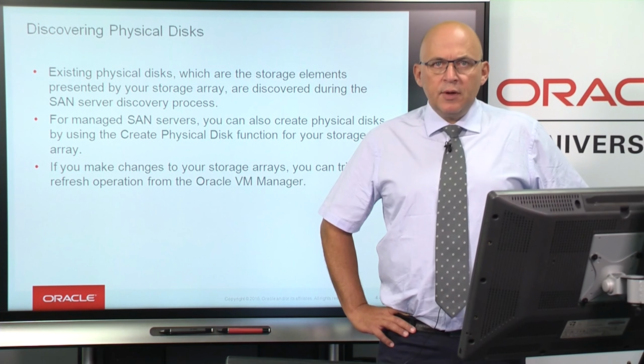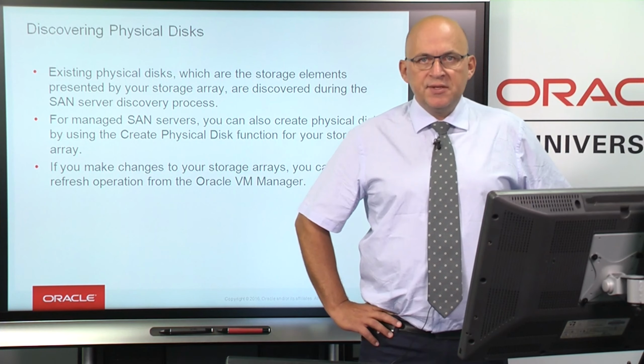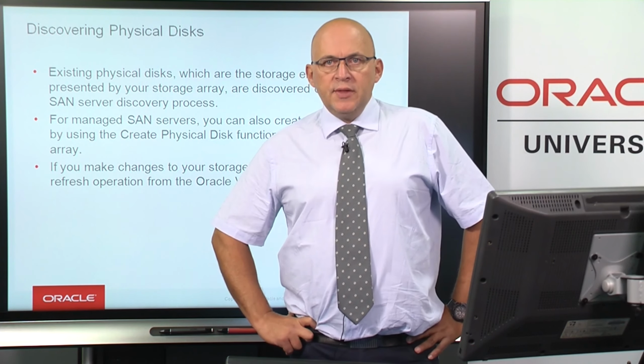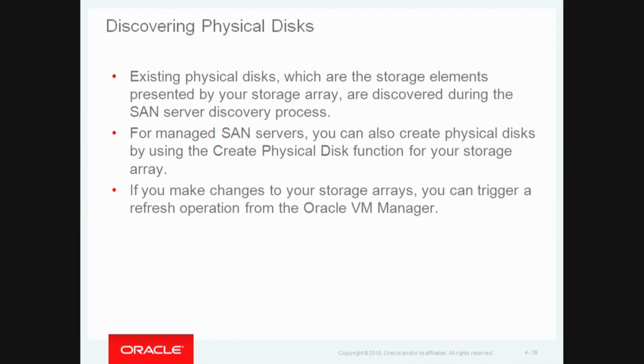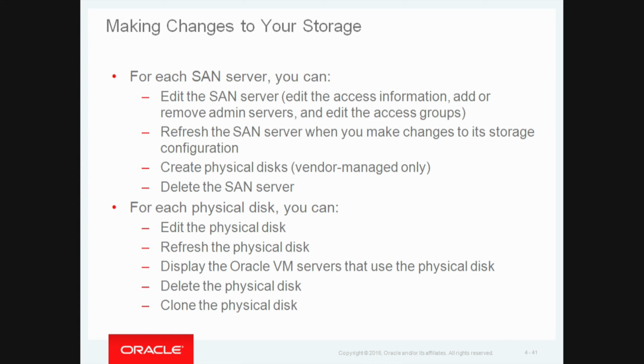For managed SAN servers, you can also create physical disks with the create physical disk function. And if you make any additional configurations to the backend storage system, you just have to trigger a refresh operation, which brings into your systems the modifications that have been made in the backend storage array.